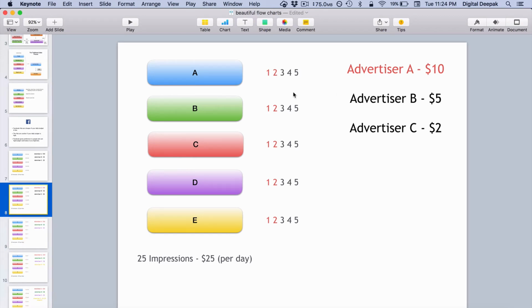So Facebook has to show the same ad again to the same person. So 2, 2, 2, 2, 2. So what happens here is that each person is seeing the ad from advertiser A two times, right?